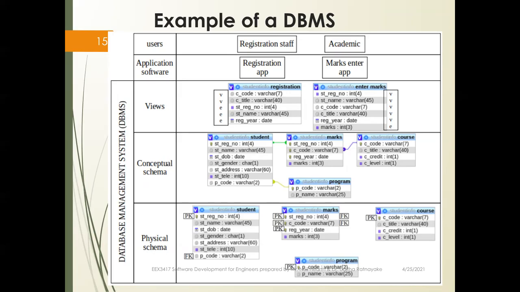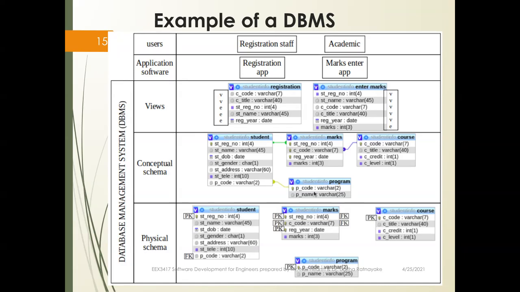The not null means there should not be a student name without a registration number. If the registration number is not available, we cannot say he or she is a student. So unique and not null. Not null means not empty.